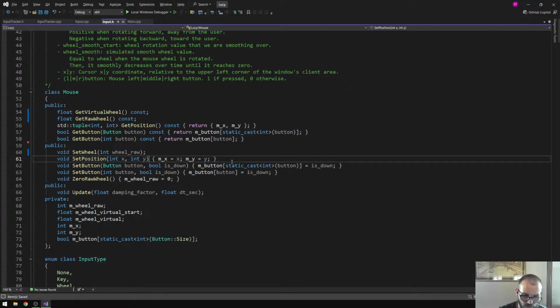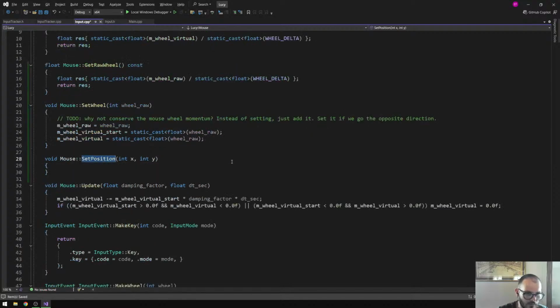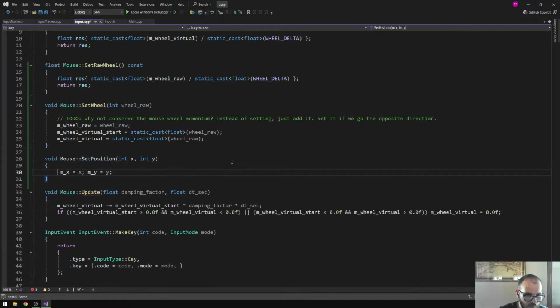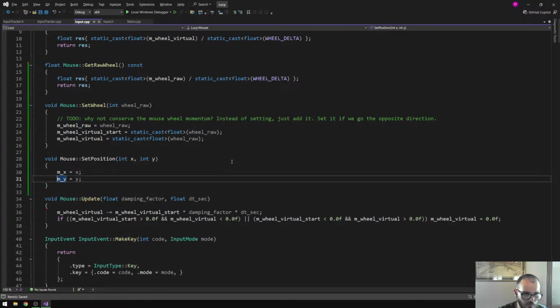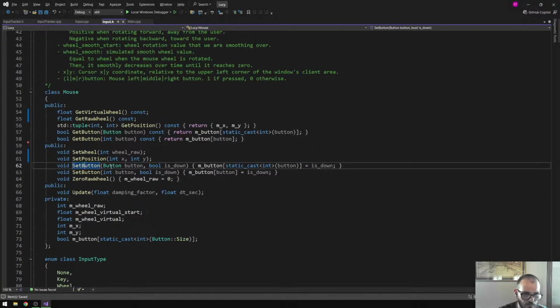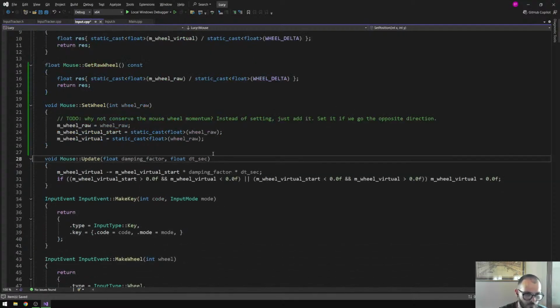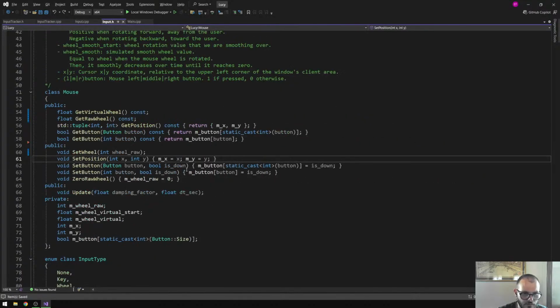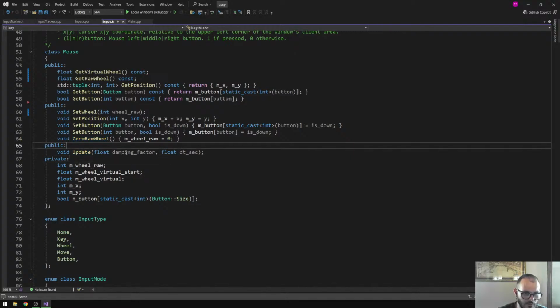Set the position. Let's say this is good because it's a one-liner, we can put it here. Set the button 0, raw wheel 0. Okay, the update with the damping factor.